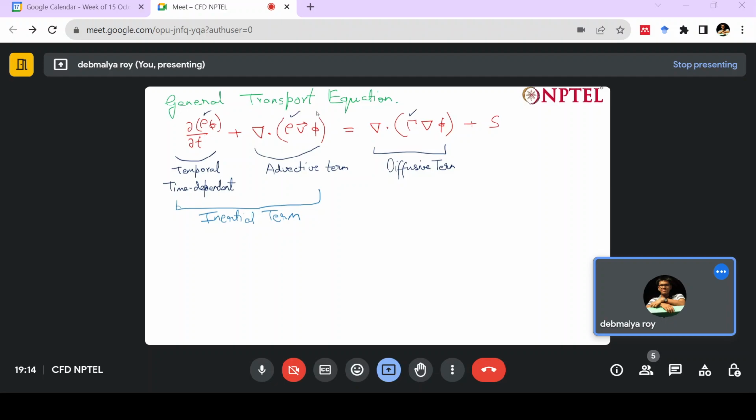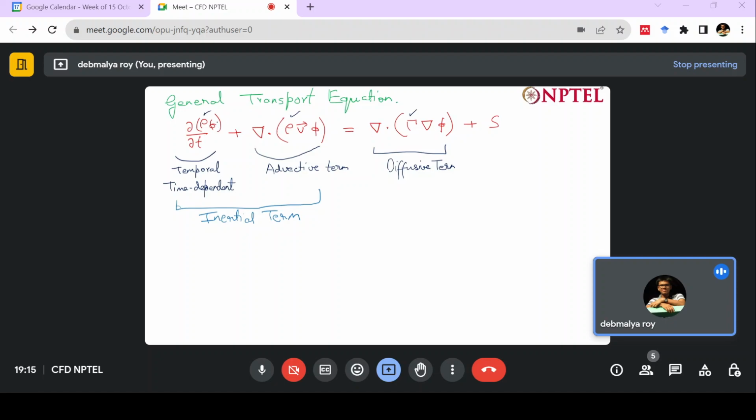This may be thermal density if your phi is temperature, or this may be regular mass density if your phi is v. If phi is v, you get the Navier-Stokes equation. There you also have a pressure term that is not mentioned in this general transport equation.